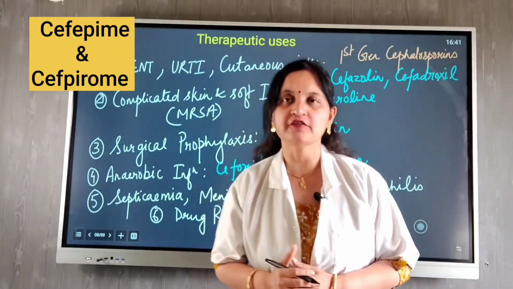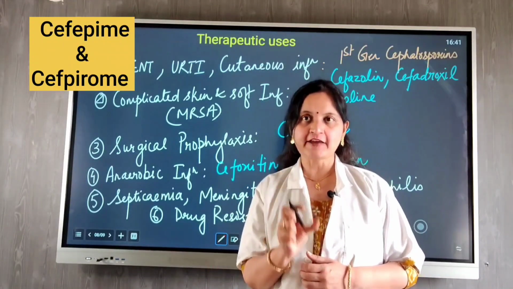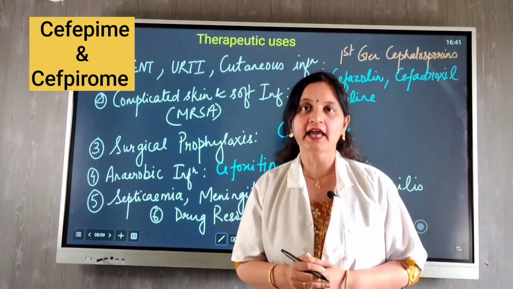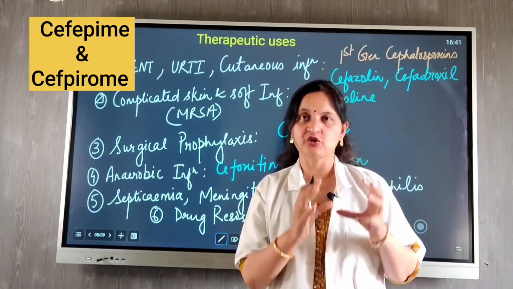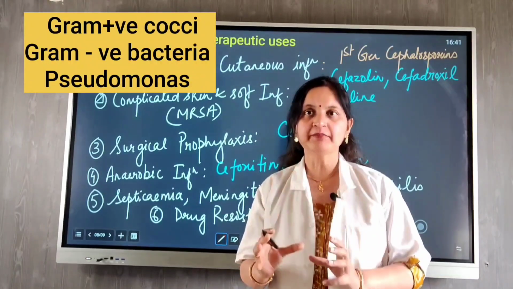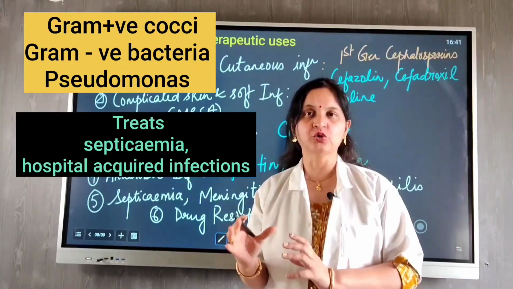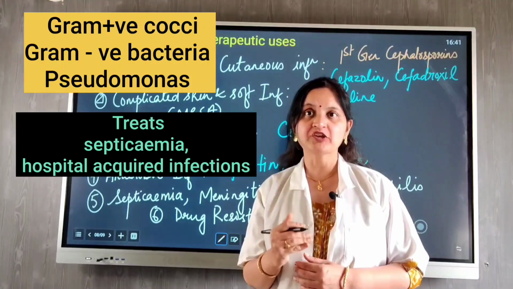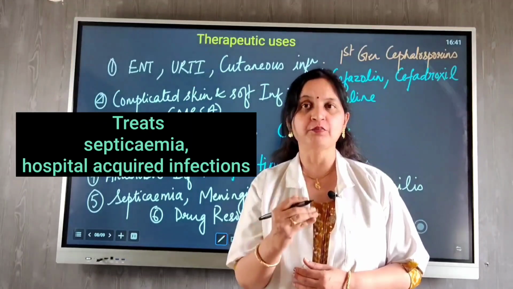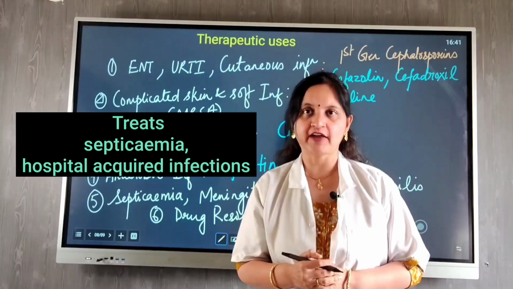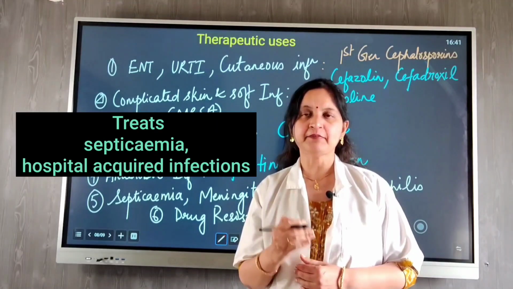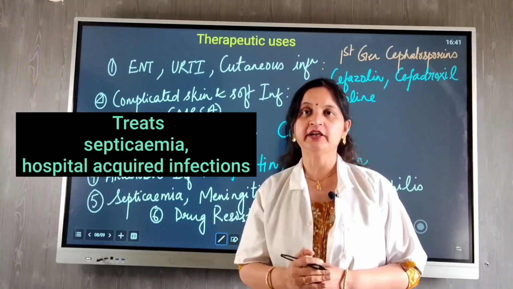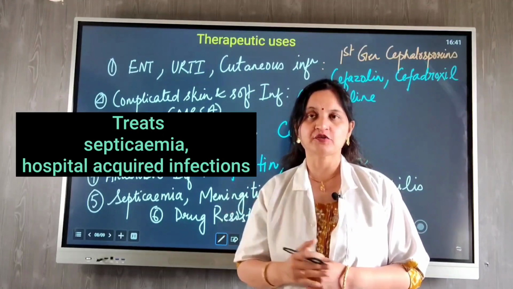In the fourth generation of cephalosporins, we have cefepime and cefpirome, and these two antibiotics are highly active against organisms such as gram-positive cocci, gram-negative bacteria including Pseudomonas, and therefore they are used for treating resistant infections that do not respond to third generation cephalosporins. Septicemia, severe cases of hospital-acquired pneumonia can be treated with fourth generation cephalosporins.